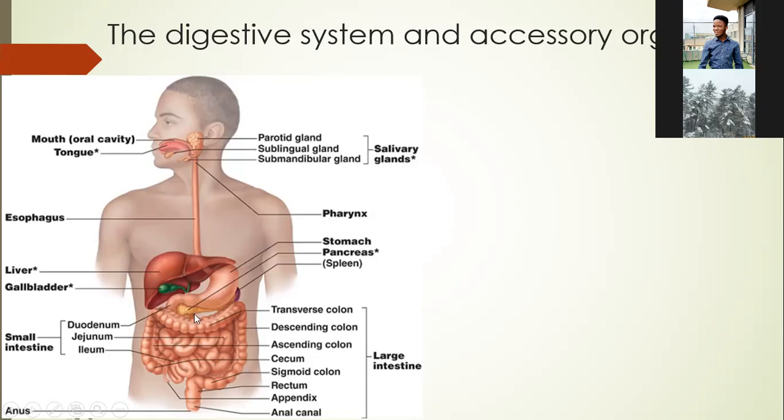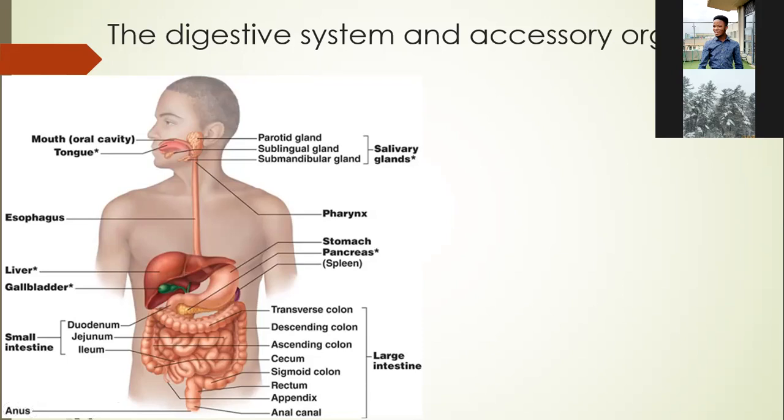we have the pancreas here. The pancreas secretes pancreatic enzymes. Among the pancreatic enzymes, we have those that target carbohydrates, those that target proteins, and those that target lipids. So we are talking of things like trypsin, chymotrypsin, and the peptidases.